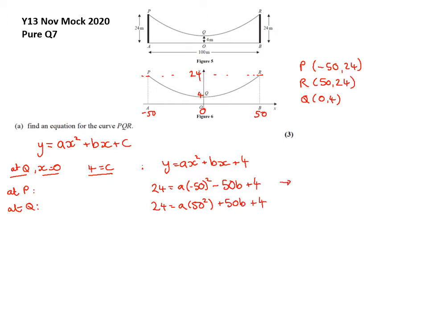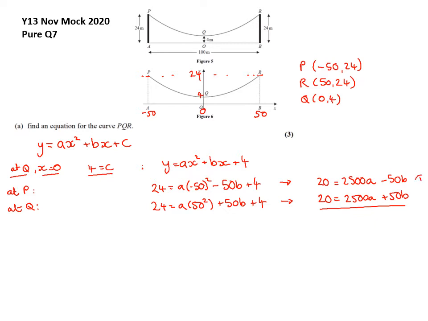I just tidy those up a little, subtract the 4, I've got 20 equals 2500 A minus 50B, and 20 is 2500 A plus 50B.